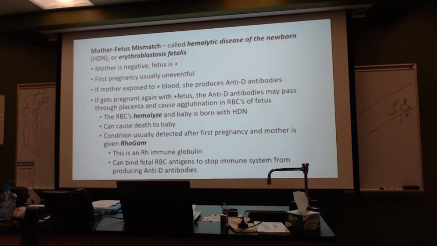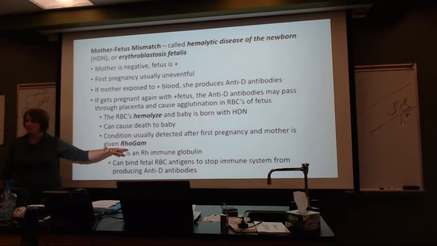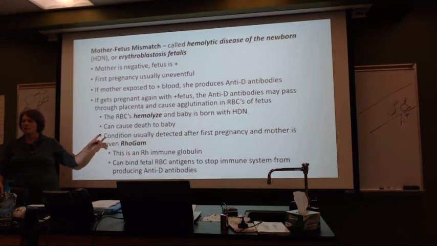But now what they do now is they have the RhoGAM shot. So in the first pregnancy, where it's identified, after the baby is born, mom is, or I think it's at a certain point, 28 weeks or something, given RhoGAM, and then given it again after the baby is born.